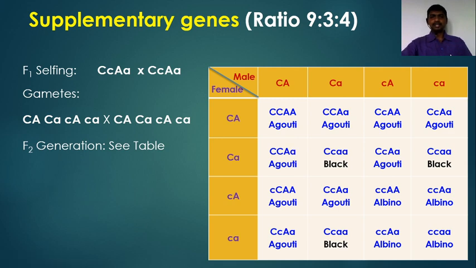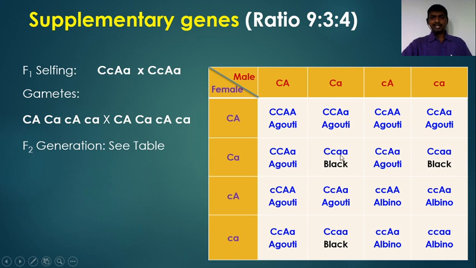Here, this is the male side, this one is the female side. We get capital CC, capital AA, here capital C, capital A, small a. Here in both cases the phenotype is agouti. Here is also agouti, here is also agouti, but here we found a different phenotype, that is the black. How is it black?